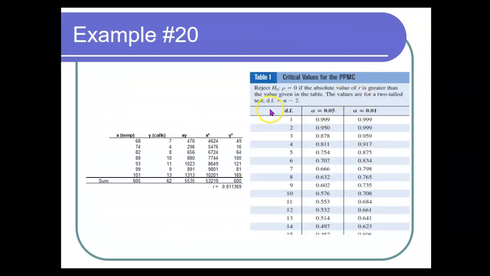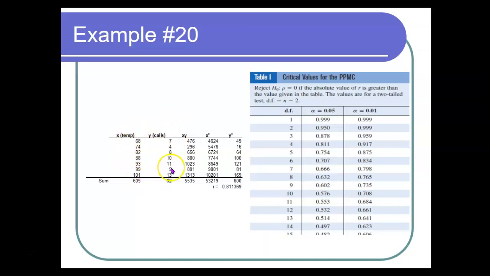Running down the left column here, it says DF, and then it gives a bunch of numbers. And up at the top, it explains that DF equals N minus 2. So that's a little bit different from what we've seen before. We are used to DF being N minus 1, your sample size minus 1. But here, because we have two variables, your degrees of freedom is going to be your sample size minus 2.